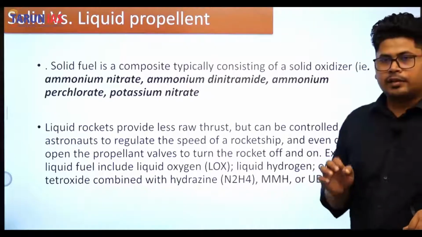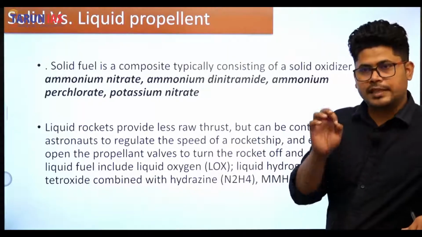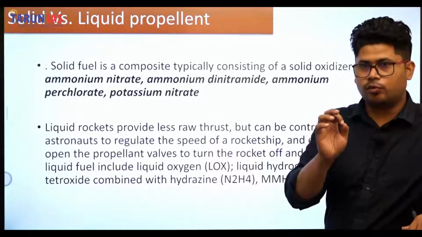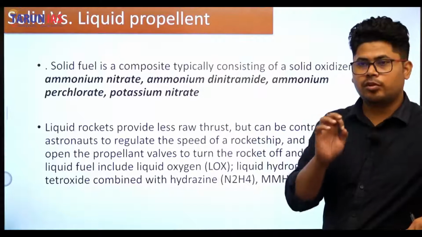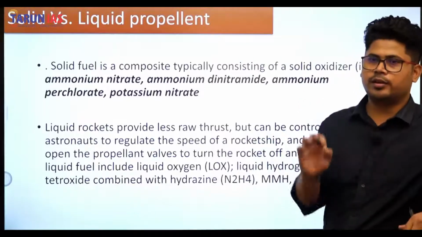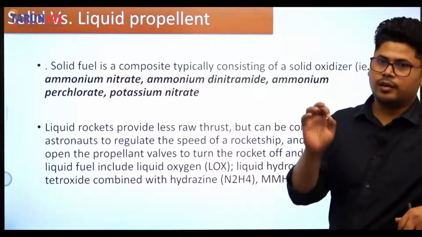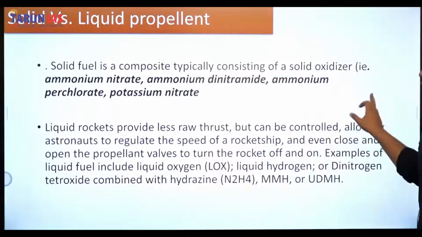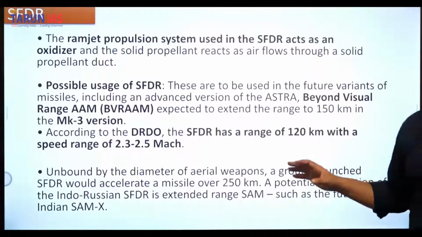As I said, liquid propulsion is easy to control: you can control the nozzle and the flow of the fluid. But once a solid rocket starts burning, it is going to burn till the end. You cannot control the combustion of the solid fuel. So this is all that is important.